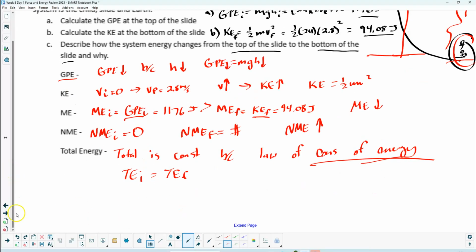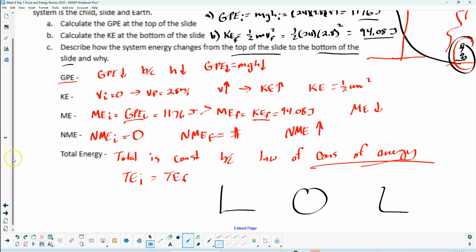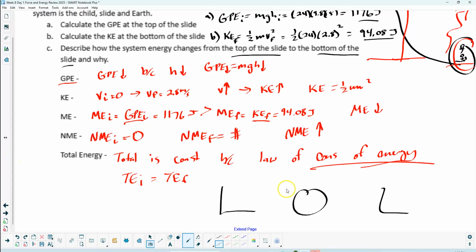If you wanted to do it as an LOL graph, you could do it that way. So again, I said that the child, the slide, and the Earth are part of our system. In the beginning, it's all GPE, and that's equal to the total, that bar.